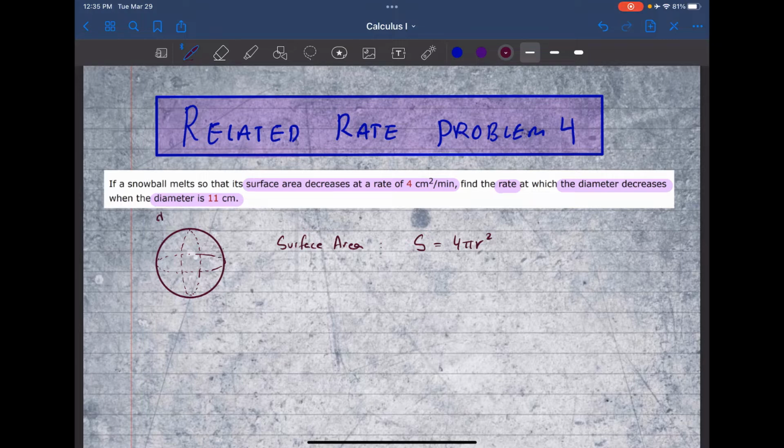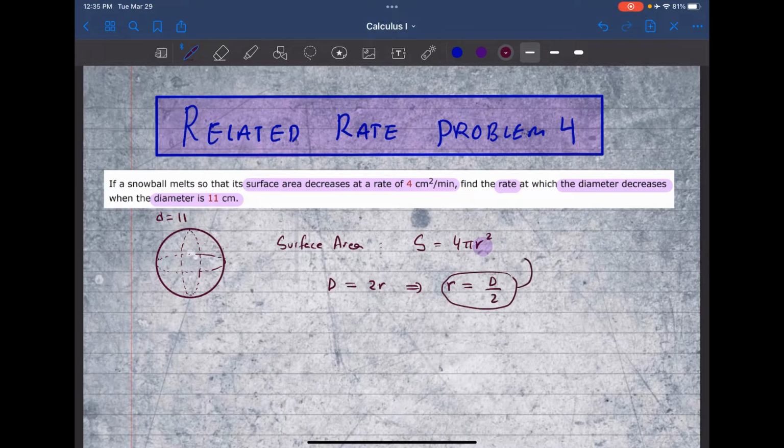Now the formula involves r, but the information we're given is in diameter and the surface area. Since the diameter, let's call it d, is 11, we want to bring d into this formula, so we want to replace r in terms of d. From algebra, the diameter of a circle is 2 times r, which means r, the radius, is the diameter over 2.